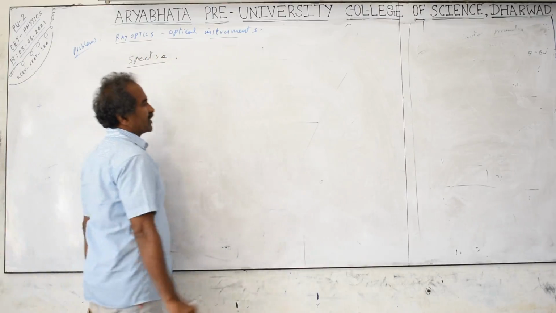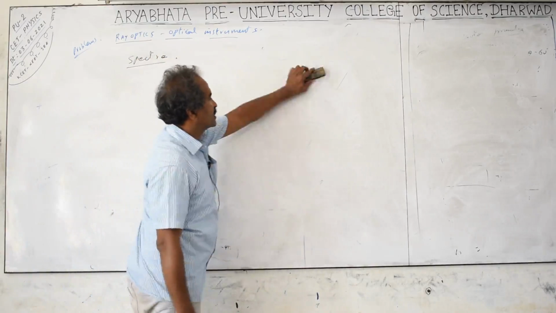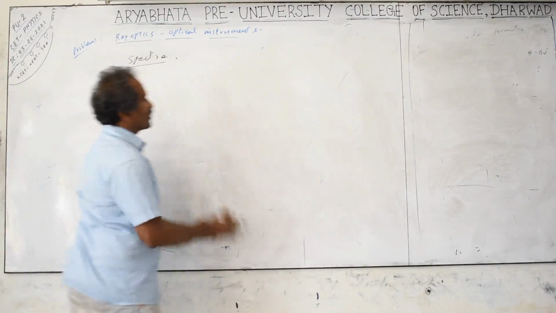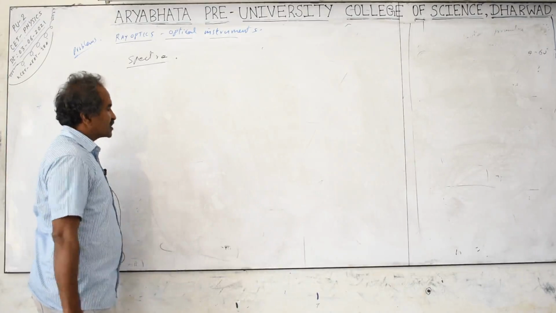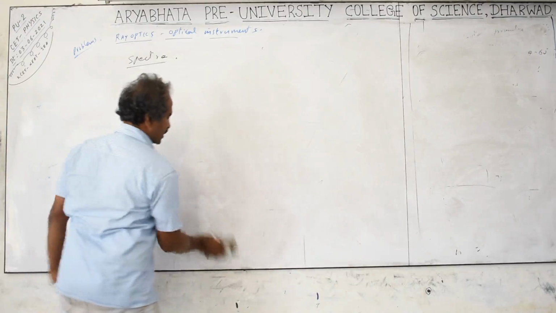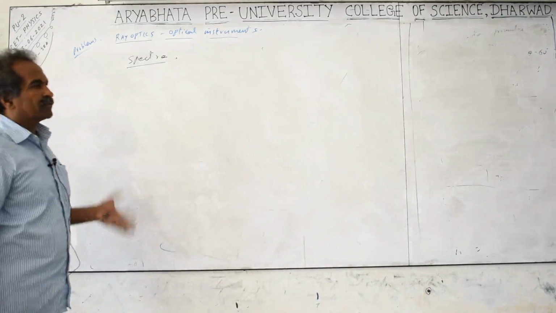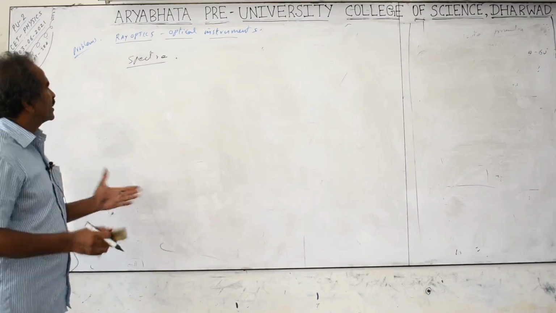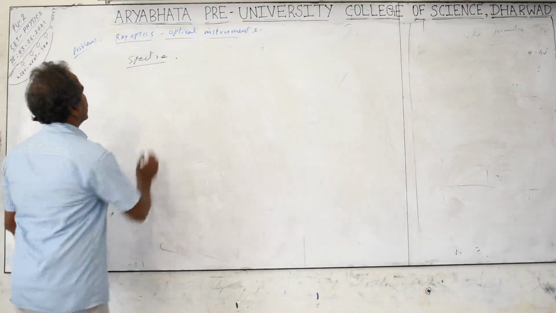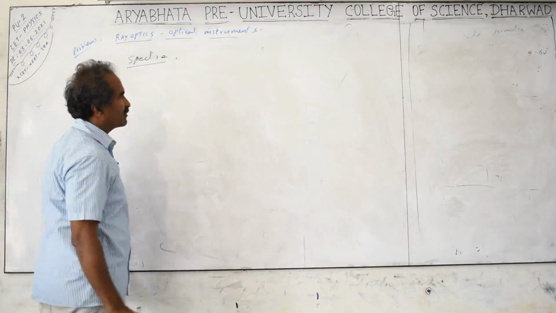If you take white light and pass it through the prism, you will get the light splitting into different deviations, different angles, and you will see the spectra. Spectra is nothing but the arrangement of data. It can be wavelength, frequency, or any data in a particular increasing or decreasing order, called a spectra. Here we are discussing the decreasing or increasing order of the wavelengths.